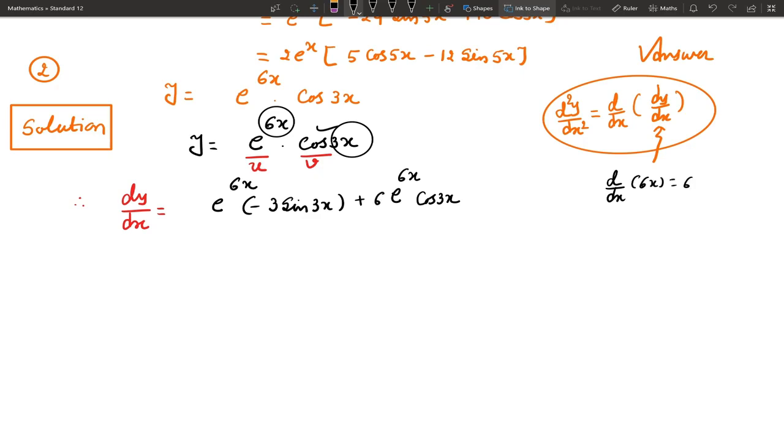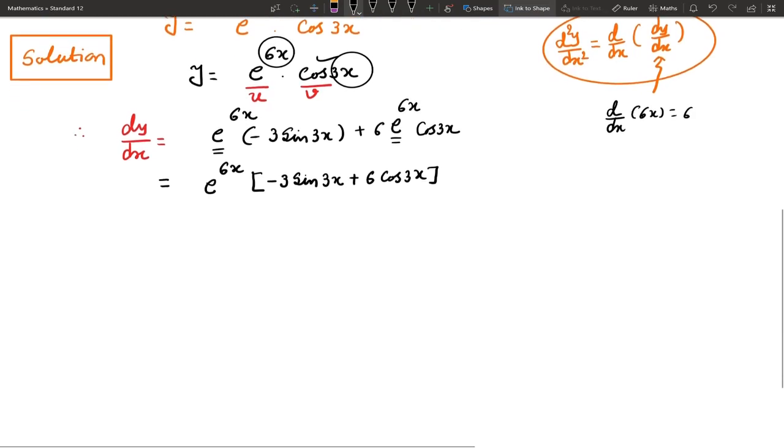So this is 6 e raised to 6x into cos 3x. Now we take e raised to 6x common. So this is e raised to 6x into bracket minus 3 sin 3x plus 6 cos 3x. So this is the first order derivative: e raised to 6x into bracket minus 3 sin 3x plus 6 cos 3x.